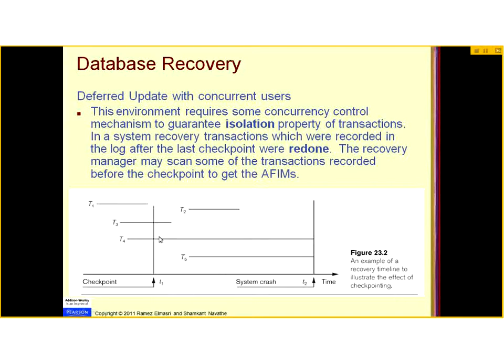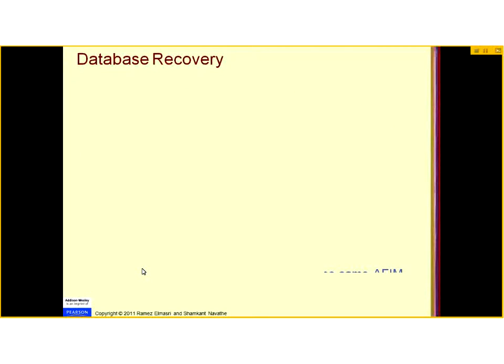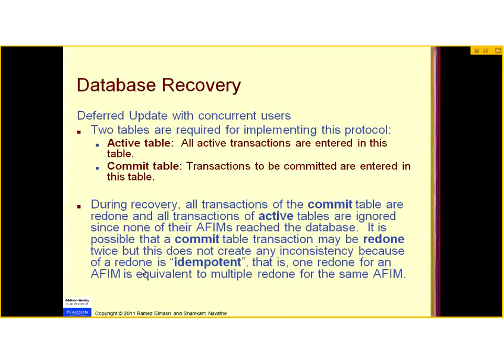So you need to recover the operations you have performed between time T1 and T2, which you can recover from the log. And all the data which was written before checkpoint T1 can be retrieved from the disk. Now for deferred update with concurrent users, you require 2 tables to implement this protocol.